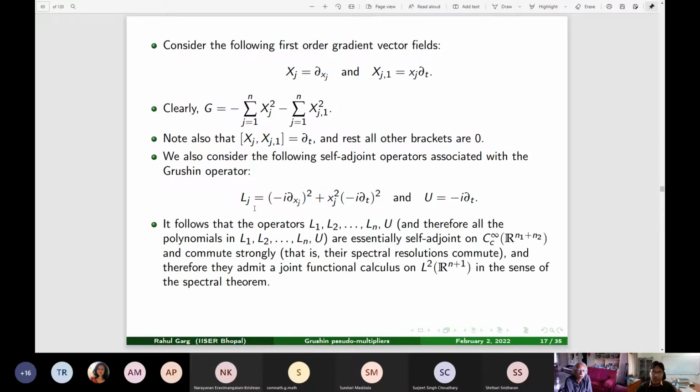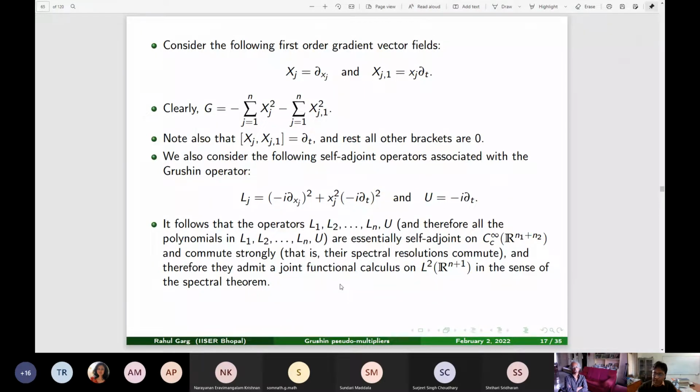It follows that all these L1 up to Ln and U together and their polynomials are essentially self-adjoint in the sense of functional calculus. They admit a joint functional calculus because they, along with their polynomials, commute and their spectral resolutions commute. So in the sense of the spectral theorem, one can write down the joint functional calculus.